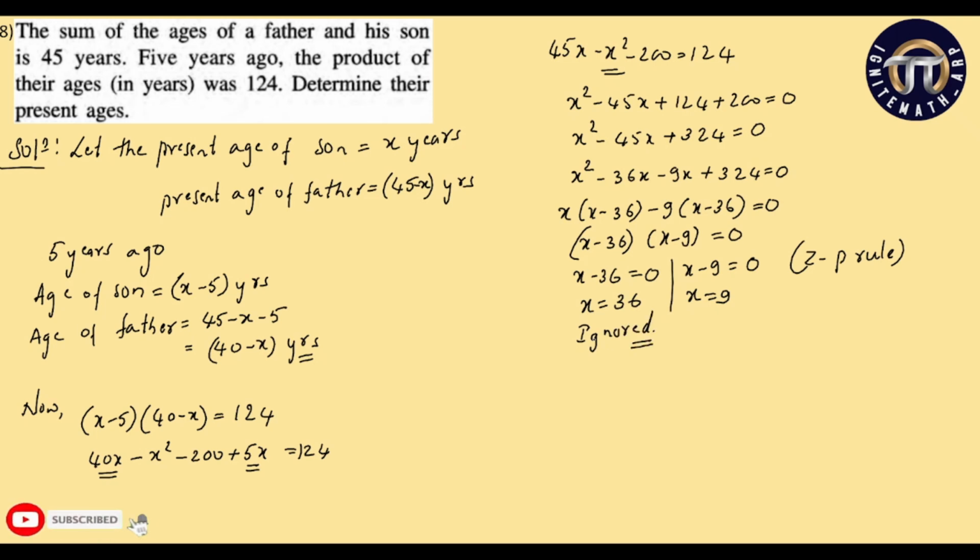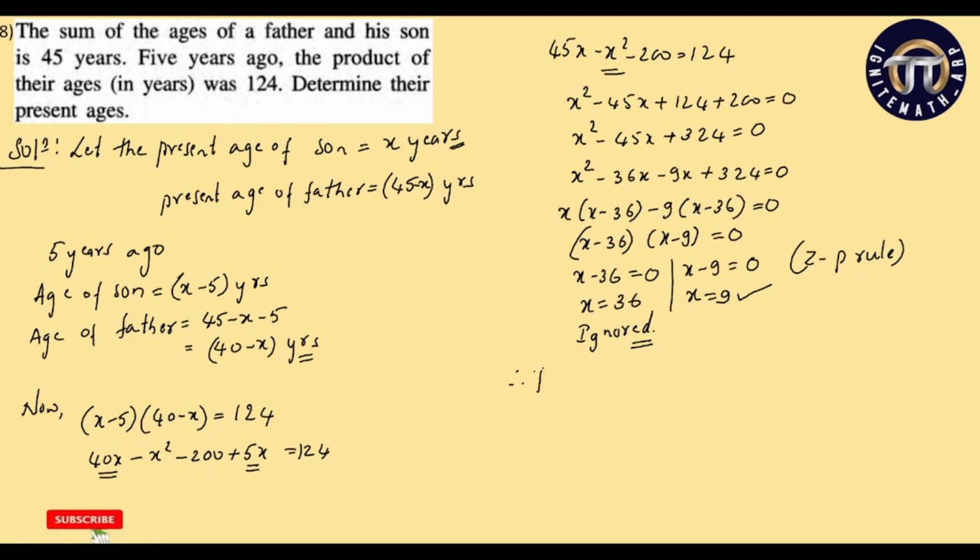So x is equal to 36 is ignored. Can you tell me why? Because the sum of the ages of father and son is 45 years. I have taken x as the age of son, so 36 plus 9 would be father. Father cannot be younger than son. Clear, right? So I will go ahead with x equal to 9.